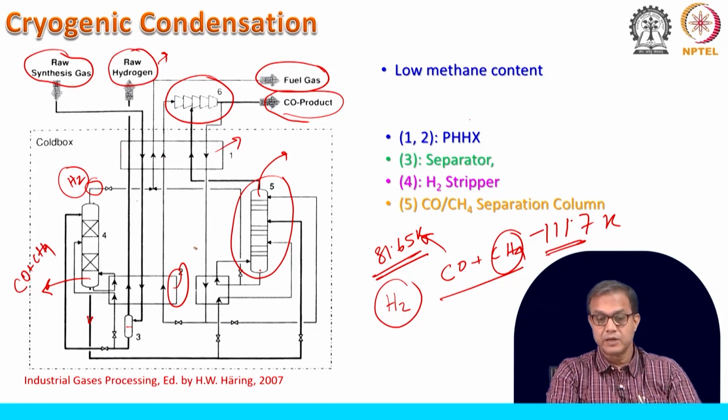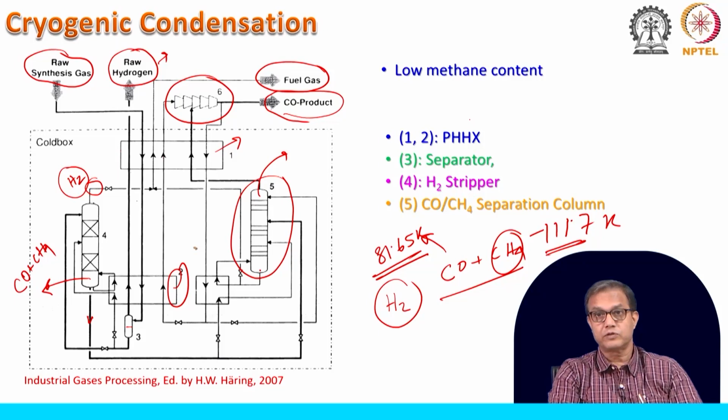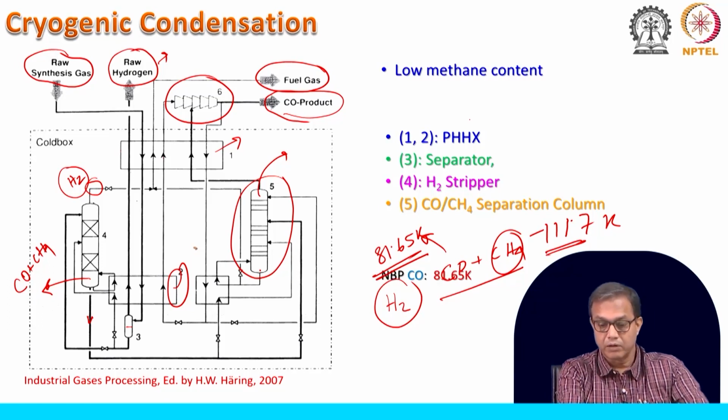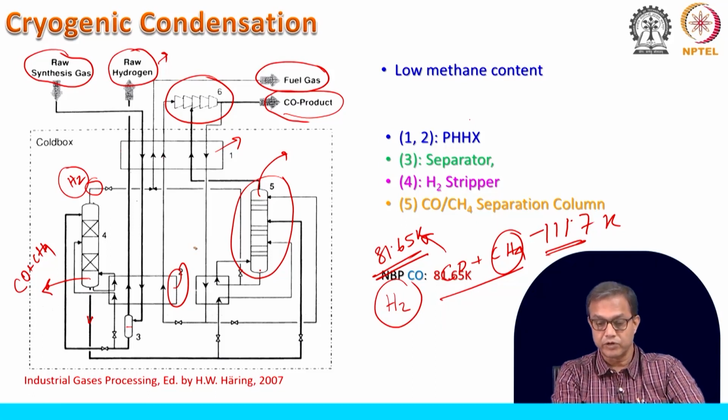But as we have also learned, this is meant for low methane content, when the reaction is such that the CH4 slippage is a bit less, and in those cases we can go for this cryogenic condensation. This is the normal boiling point of CO, that is 81.65 K, already we have written it.